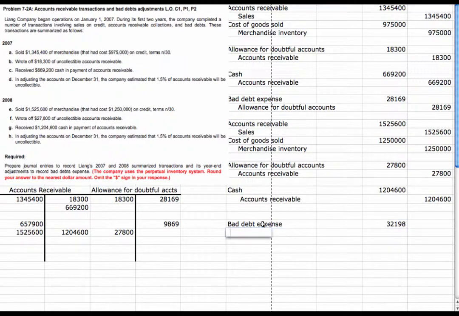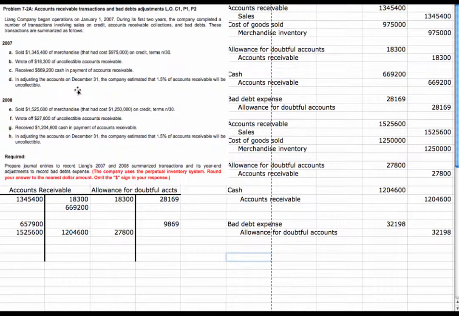We're going to credit the allowance account for doubtful accounts, and that's also for $32,198. What I want to leave you with is that this is our entry that goes here. So how did we get the allowance for doubtful accounts ending balance? You do it the exact same way as we did it in 2007.